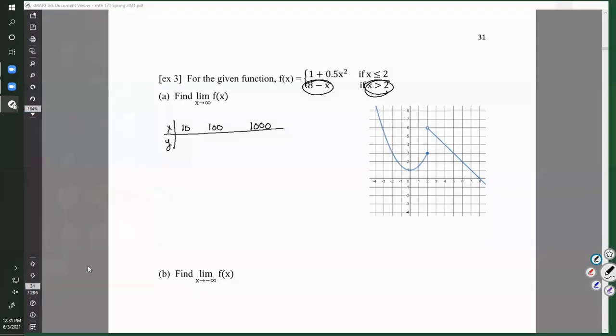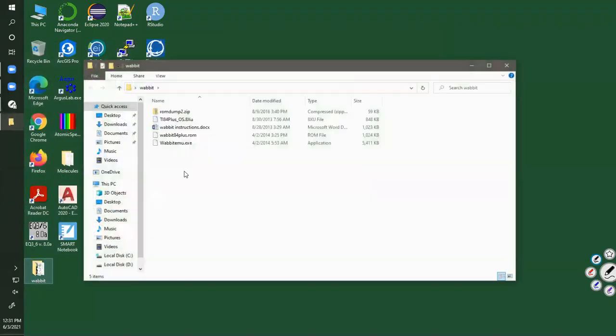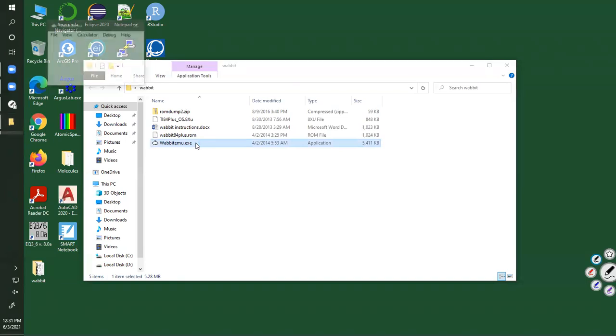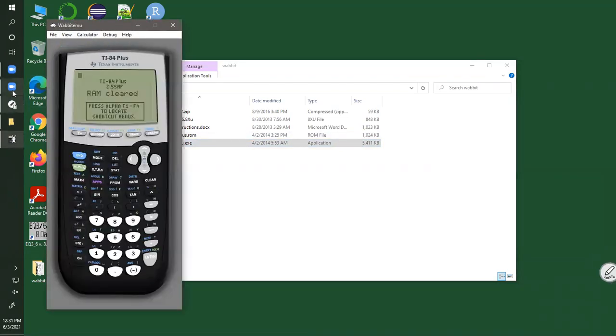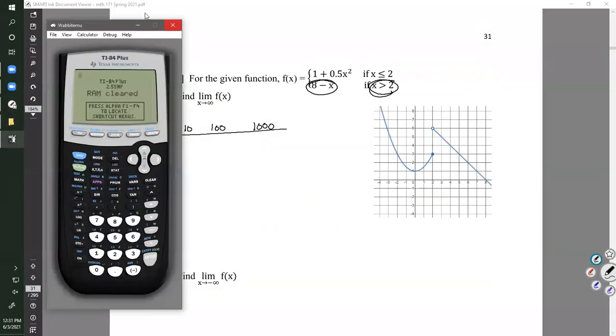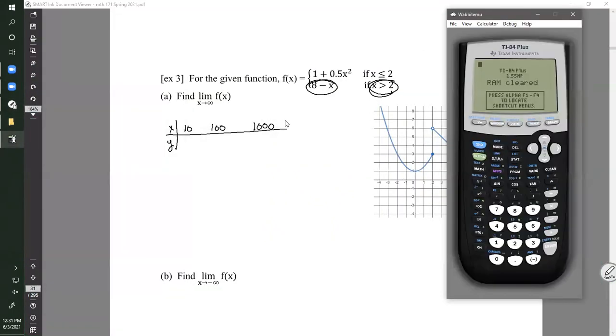So I'm going to pull out my handy dandy calculator. If I plug 10 in, I would have 8 minus 10. And that gives me my -2. If I plug in 100, again, I'm going to plug it into that bottom equation.